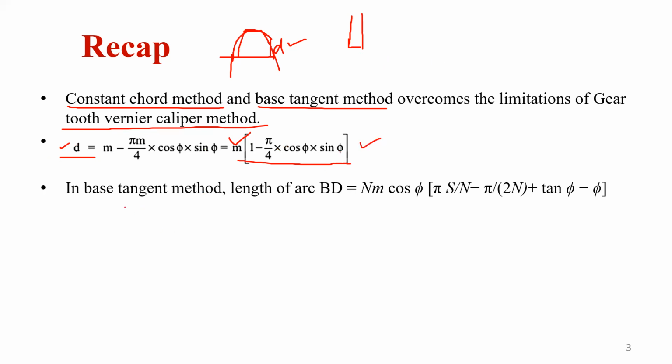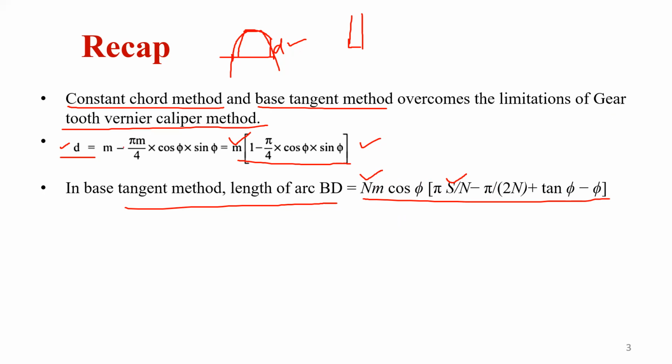And in the base tangent method, the length of arc BD, that is the base tangent length, we can measure using this relation. And this relation involves the number of teeth, where S is the number of teeth considered in the base tangent length.